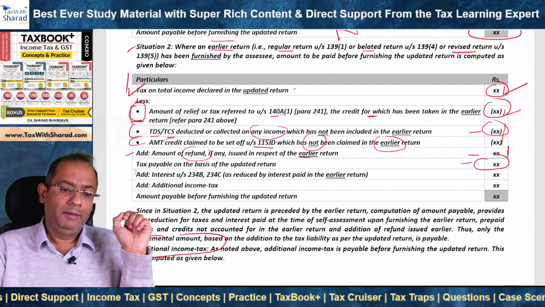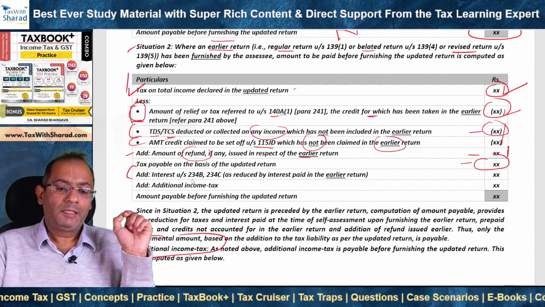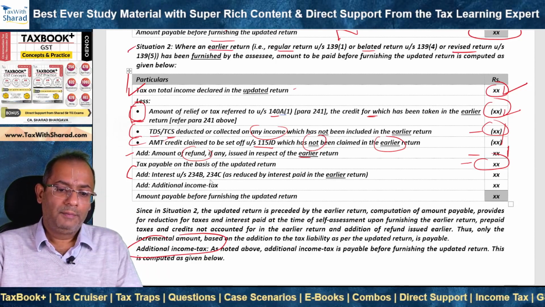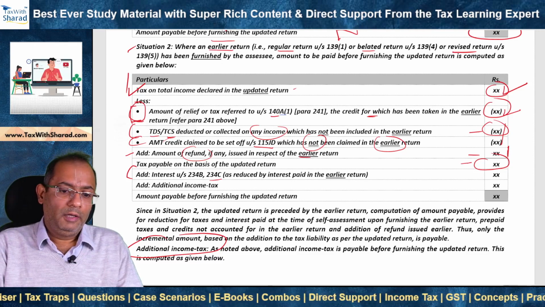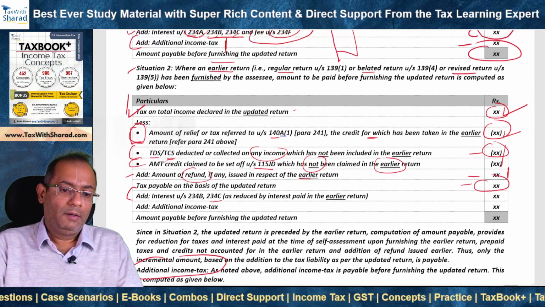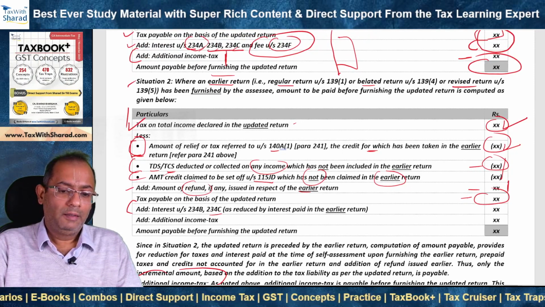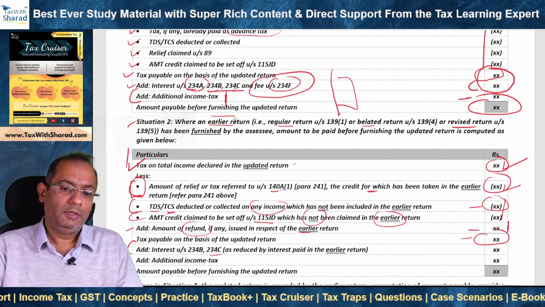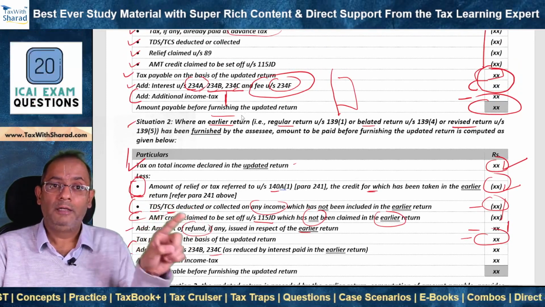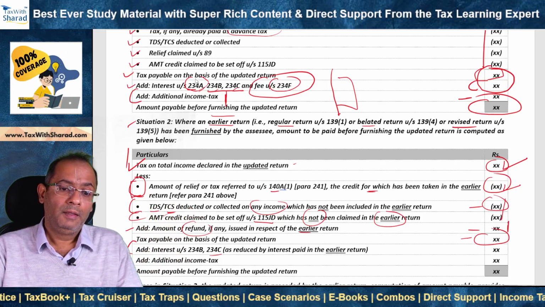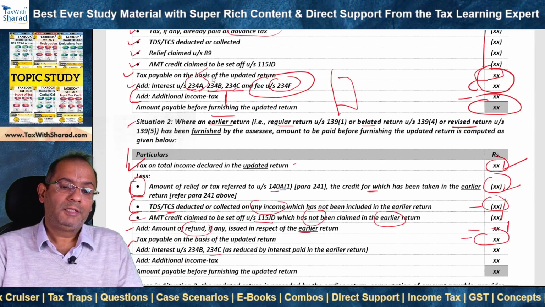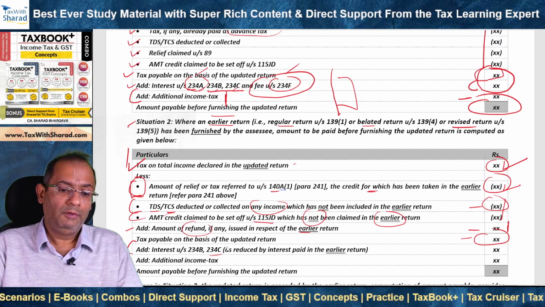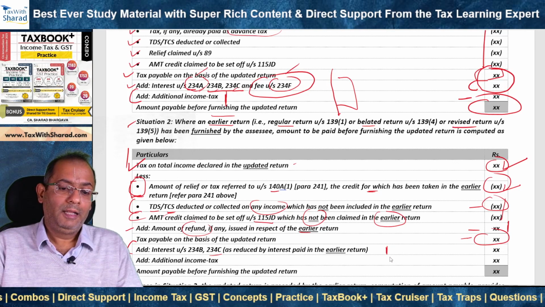One, we need to add interest under section 234B, 234C, right? Now 234B, 234C is to be added on account of default or deferment in relation to payment of advance tax. Now you would note that in the first situation, where an earlier return had not been filed, an updated return was being filed for the first time, you were supposed to add interest under section 234A and fee under 234F as well. But 234A and 234F is missing in this table under situation 2.